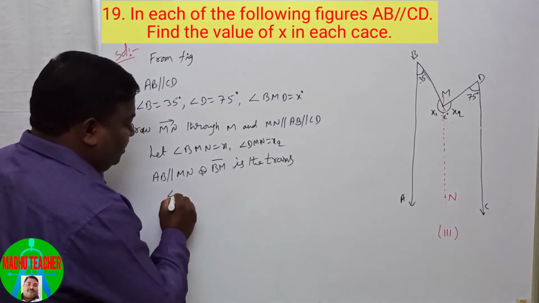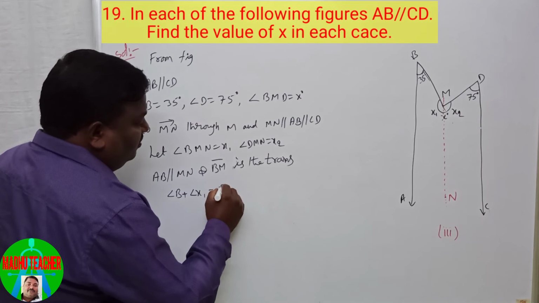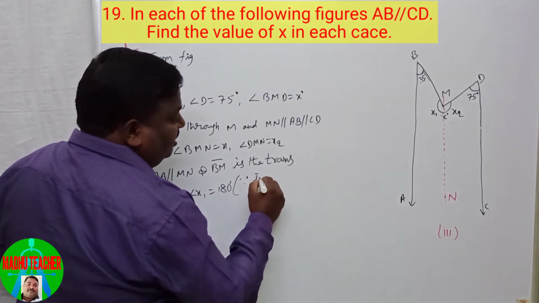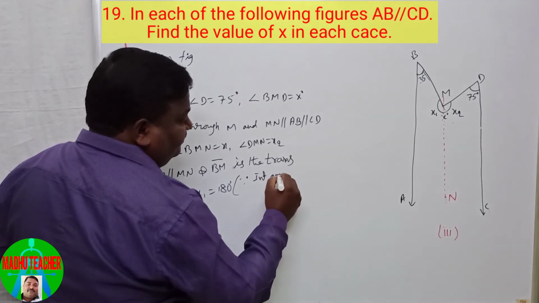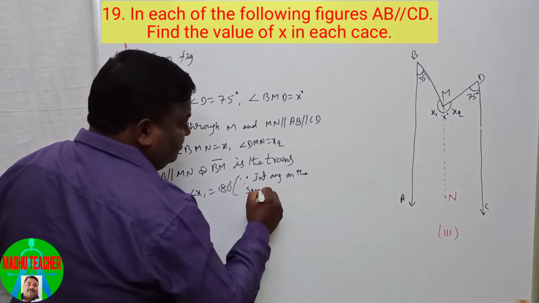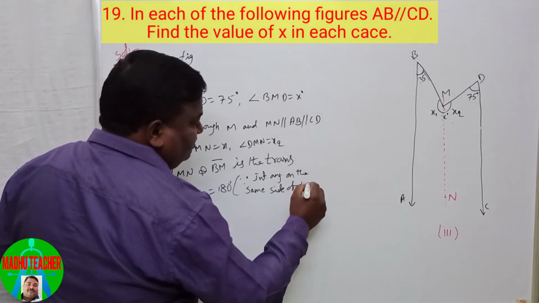So angle B plus angle x1 equal to 180 degrees, since interior angles on the same side of the transversal.